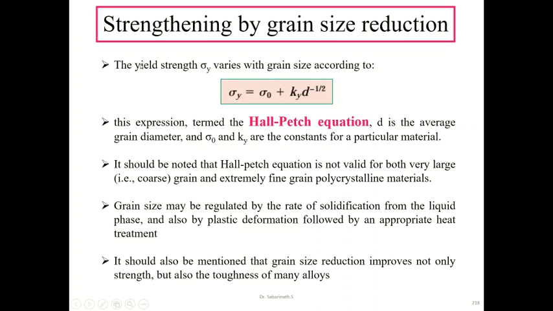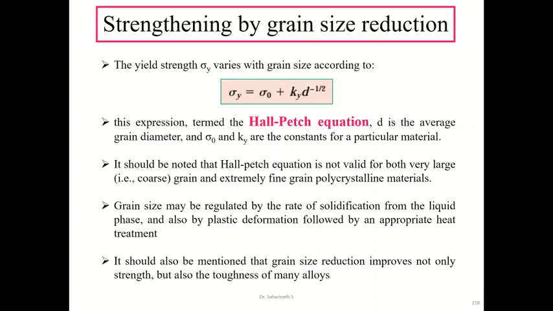The yield strength sigma y varies with grain size according to: sigma y is equal to the initial strength sigma 0 plus a constant k y times the inverse of the square root of the average grain diameter, that is d raised to the power minus 1 by 2.